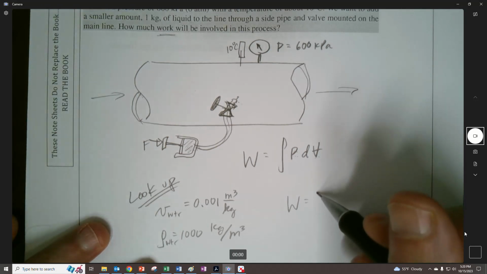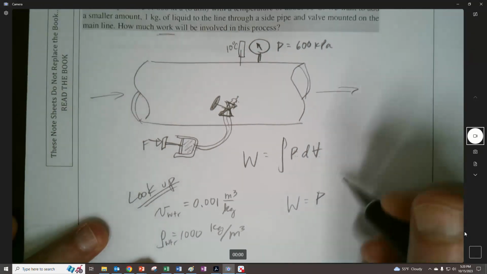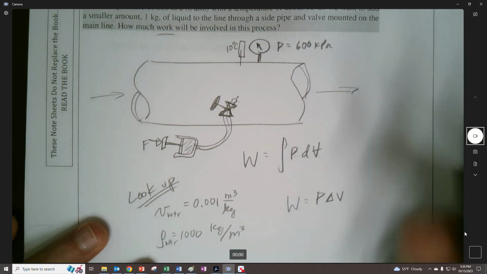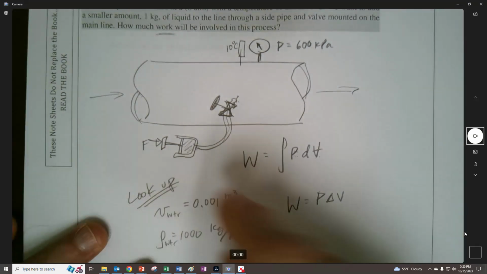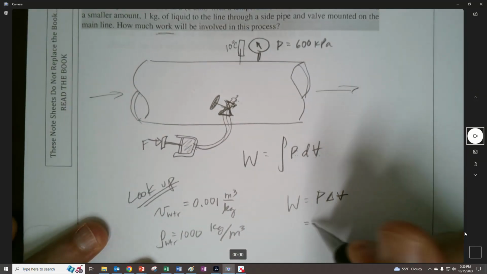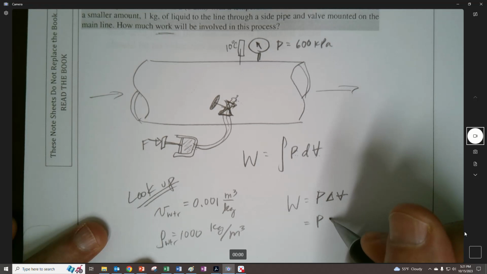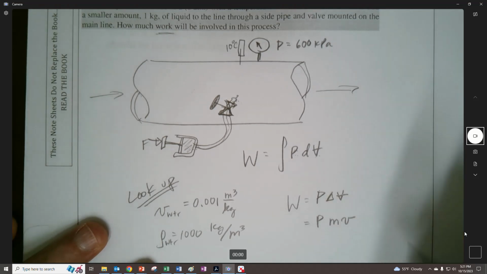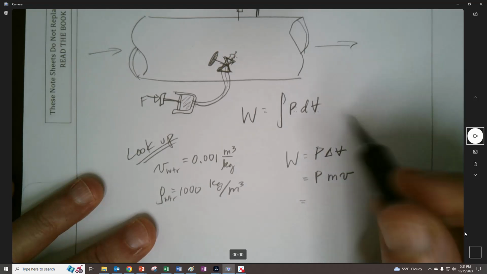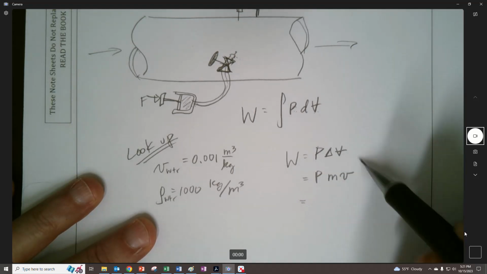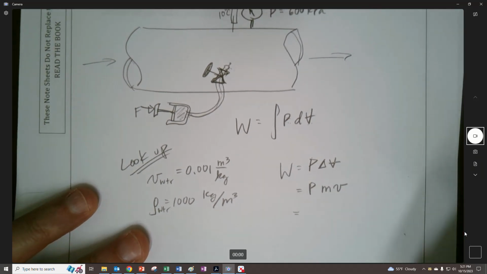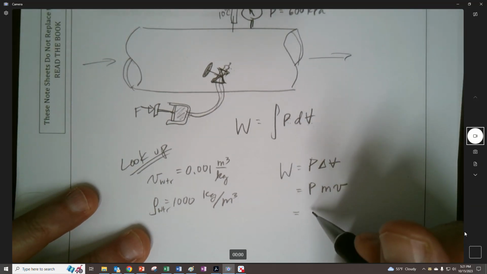So what we would do is take pressure times the change in volume of this thing that would be moving in, which is equal to pressure times the mass times the specific volume. Right? And you could just use units for this if you wanted to work your way through that. I'm not really sure what the usefulness of this example is, to tell you the truth.